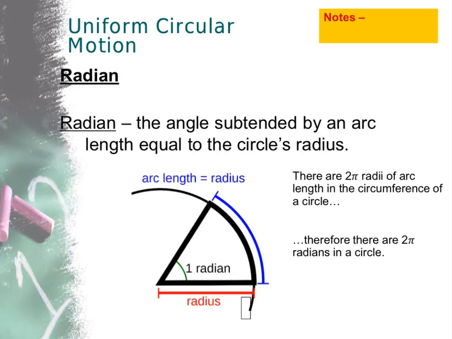Now your angle has changed by what we would call 1 radian. So a definition of a radian is the angle that is subtended by an arc length equal to the circle's radius. If I walk a distance equal to my radius around the circumference, then the angle I've created between where I started and where I finished is 1 radian.